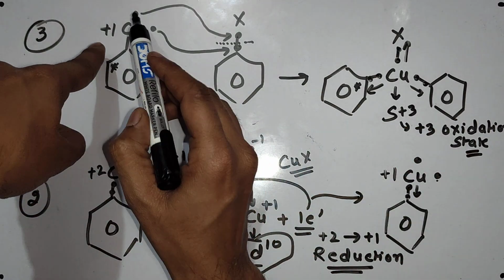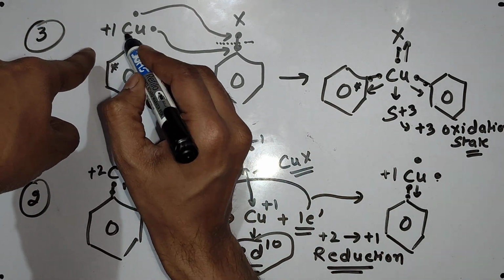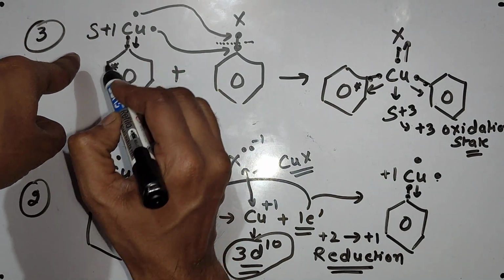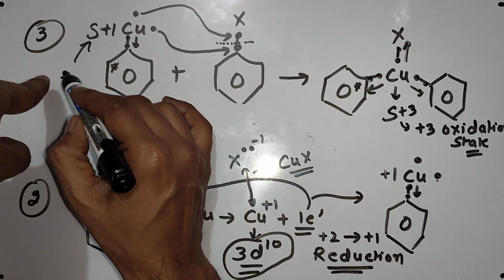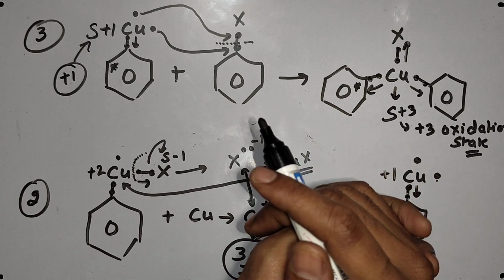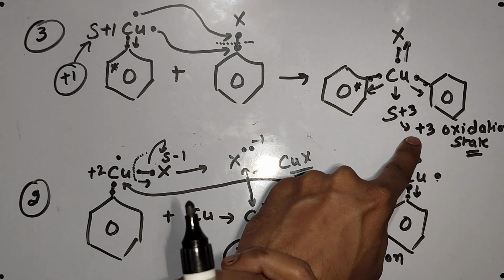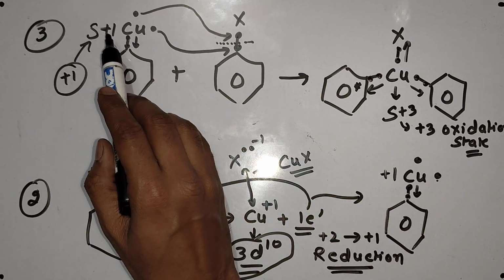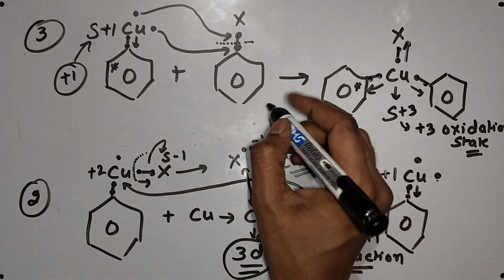Be careful. Here I am writing +1 oxidation state. Actually, it is not completely +1. It's a partial +1 because the electron is partially shifted toward carbon. But when I say oxidation state, it must be written completely like +1. We will call it +1 oxidation state. Similarly here, it is partial +3 oxidation state, and we can call it +3 oxidation state. Now again, the oxidation state of copper is changing from +1 to +3.